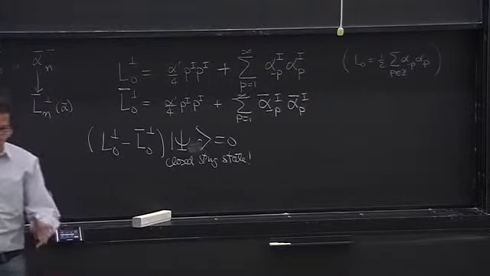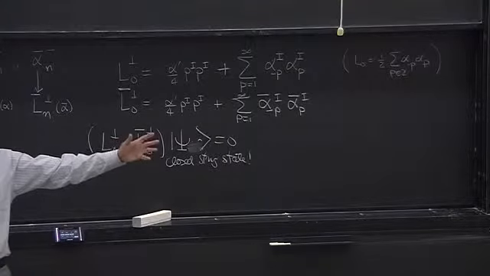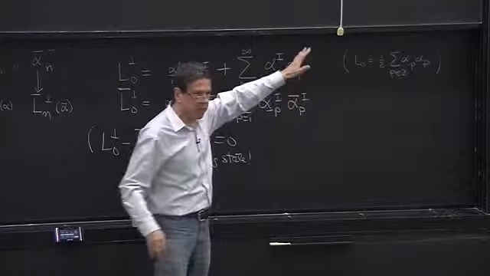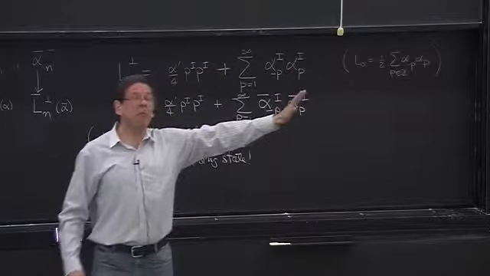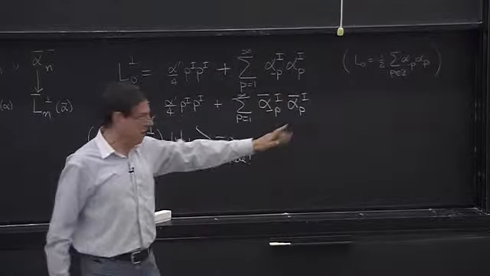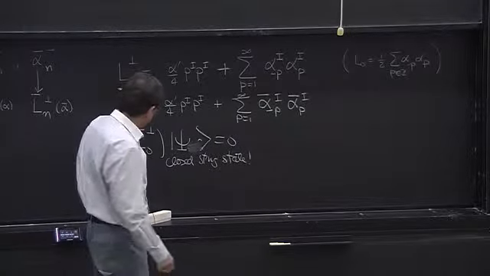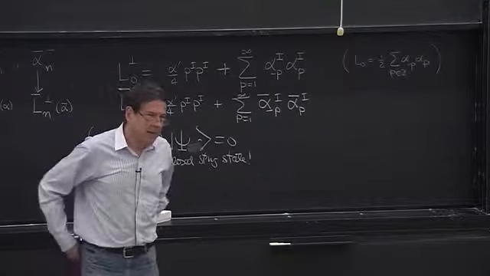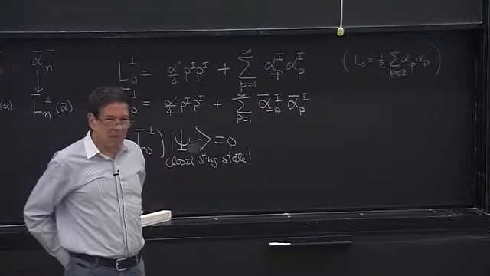So whenever you write what you think is a closed string state, it's going to be the vacuum acted on by some alpha bars. It may not be a closed string state. You better make sure that it satisfies this constraint. So this is an unsolvable constraint.